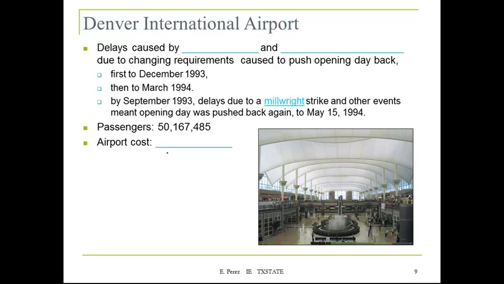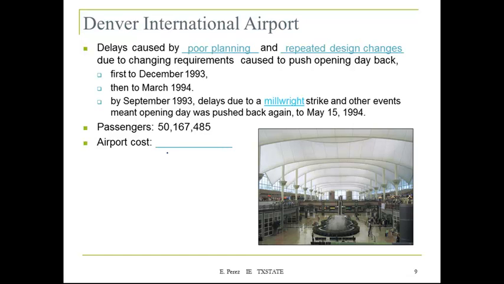Another project, this is a construction project: the Denver International Airport. I decided to show you this example because it is one of the projects that was delayed for several reasons. Delays were caused by poor planning and repeated design changes.